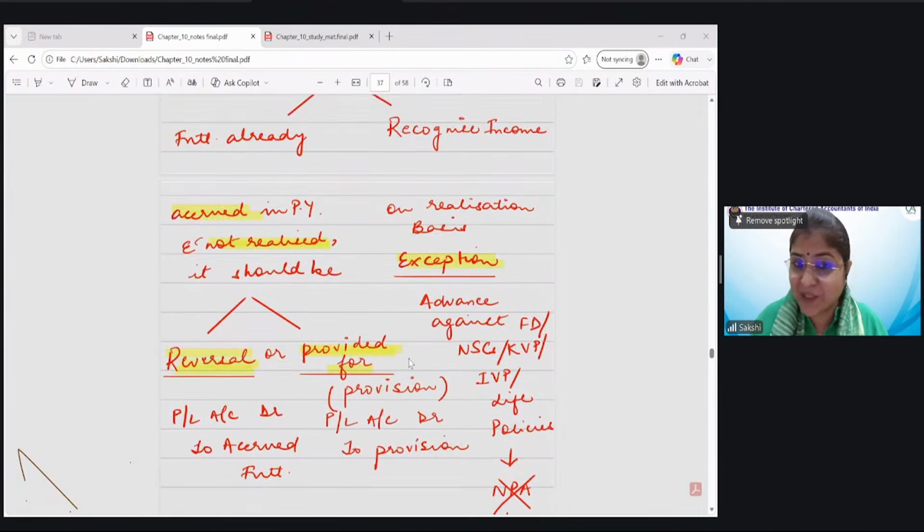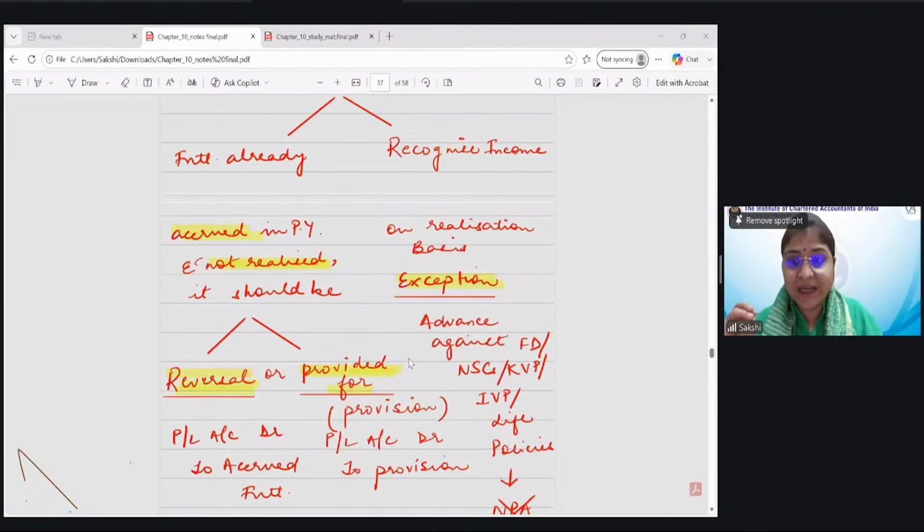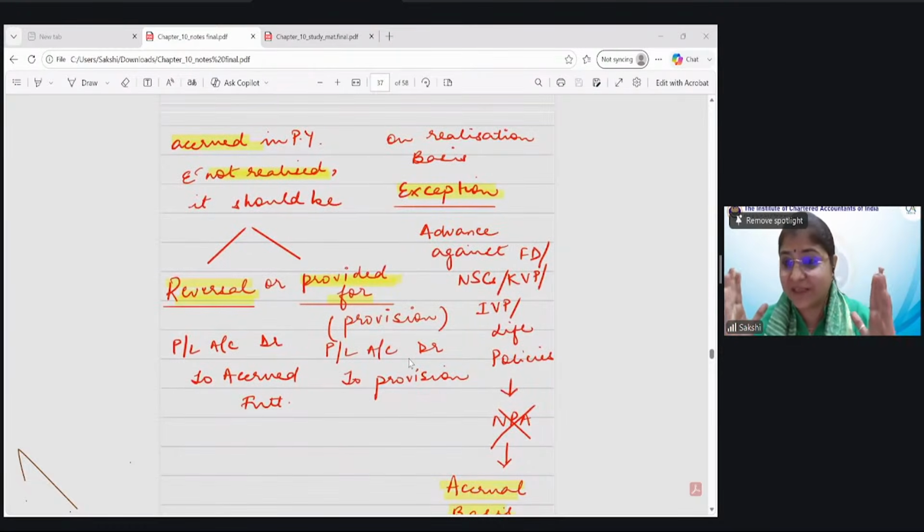Is this part clear to all of you? For interest that was already accrued in the previous year, but you have not realized, what will you do? You will reverse the entry. This is the overall crux of your advance NPA. If the interest is accrued and not realized, you are going to reverse the entry.